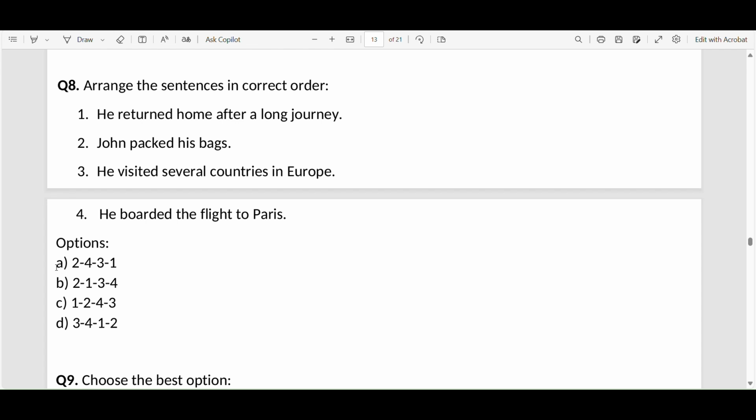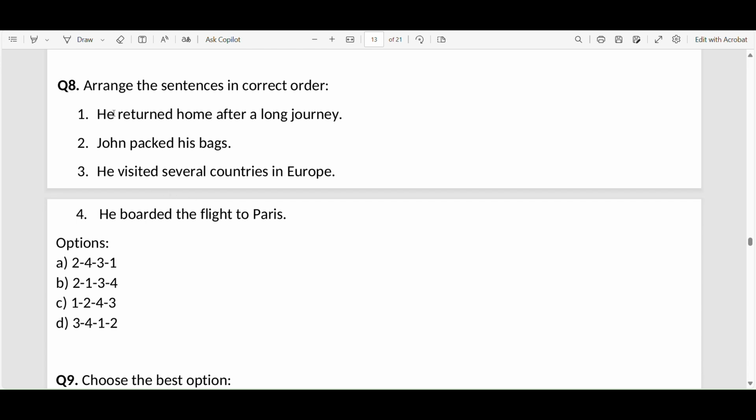In the options, only one and two are having the first sentence as two. So C and D are eliminated. You can directly eliminate C and D, right? And from 1 and 2 you need to just verify the options.